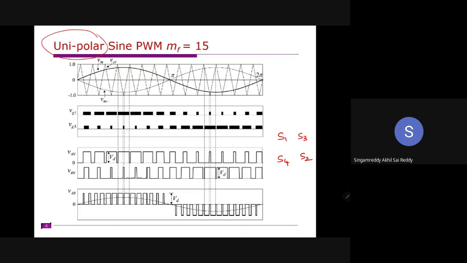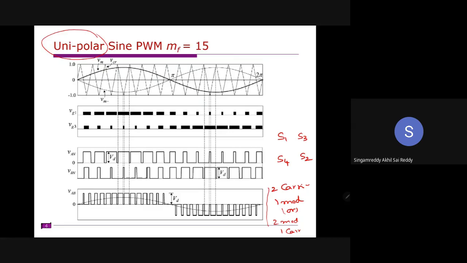In case of unipolar PWM, you require two carriers and one modulating signal, or two modulating signals and one carrier. The performance of these two is identical.